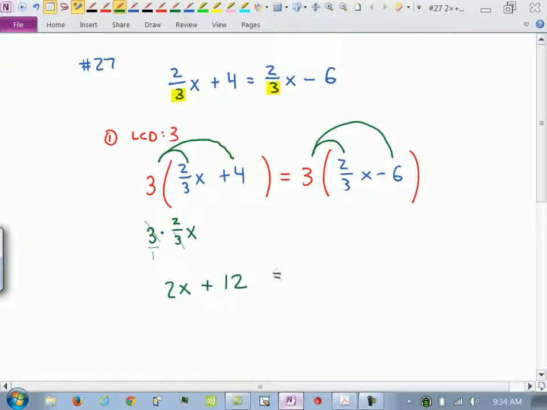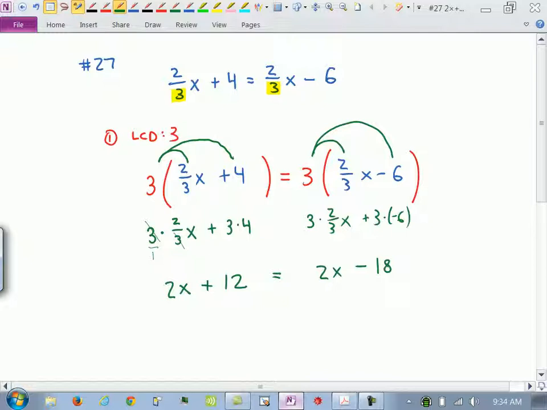Now, on the other side, that 3 times 2/3 x, that's exactly what we did a second ago, isn't it? We have 3 times 2/3 x. That gave us a 2x again. And then our 3 times -6 gave us a -18. Just be careful with your signs there. 3 times -6, -18. Okay, so we've done the clearing of the fractions.